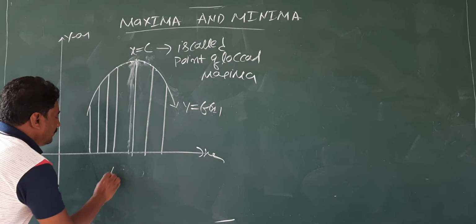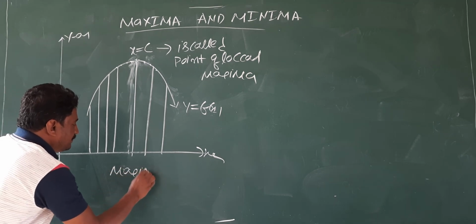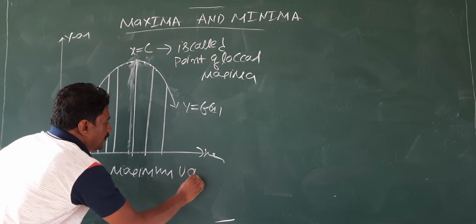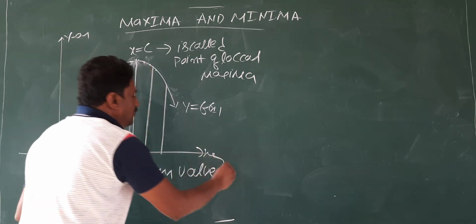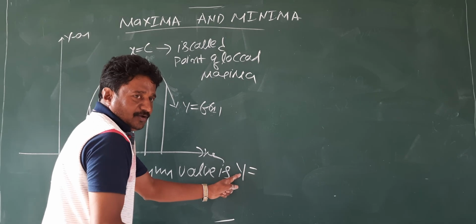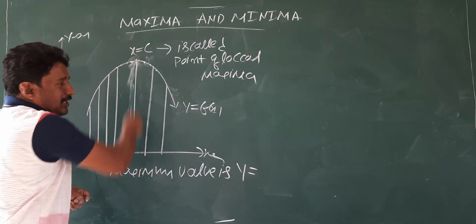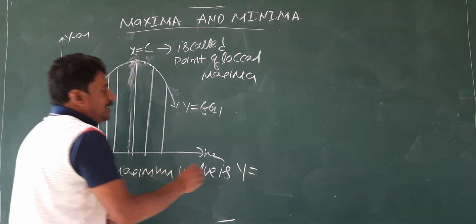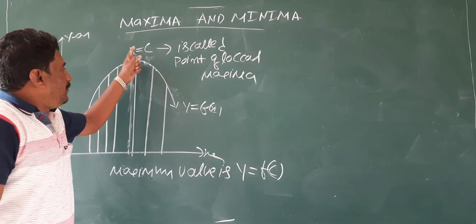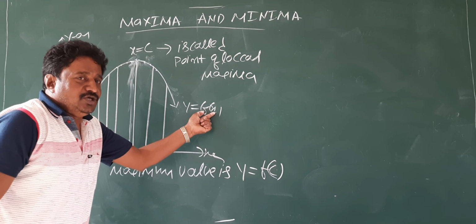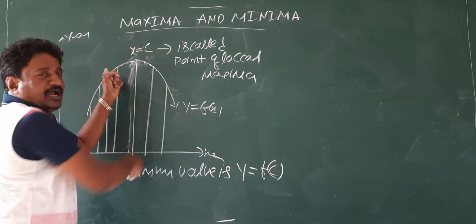So the maximum value is the y value, the vertical value related to the point x is equal to c, that is f(c). Put the maximum point in f(x) and you are going to get this much height.